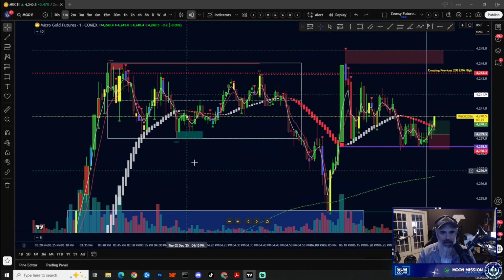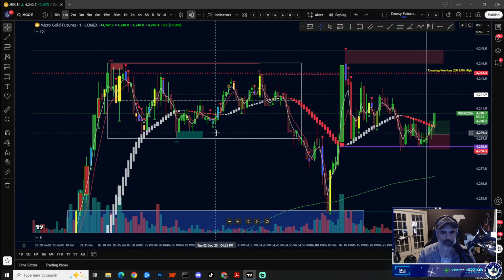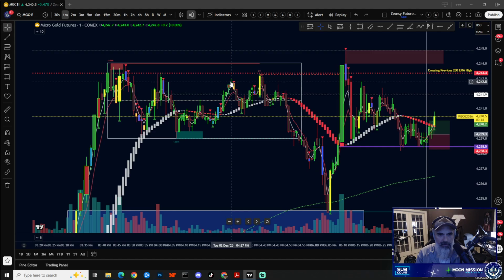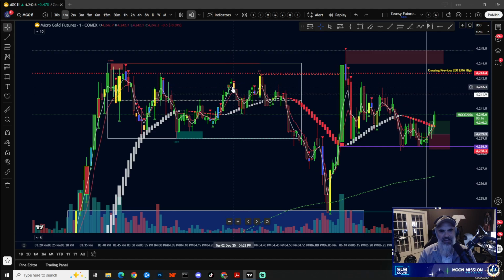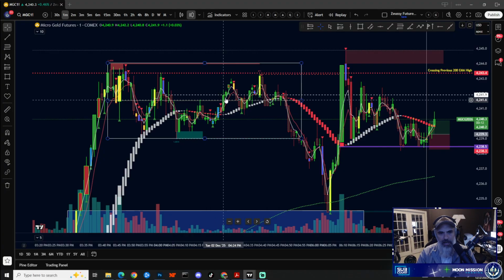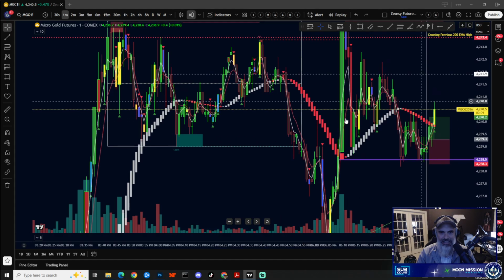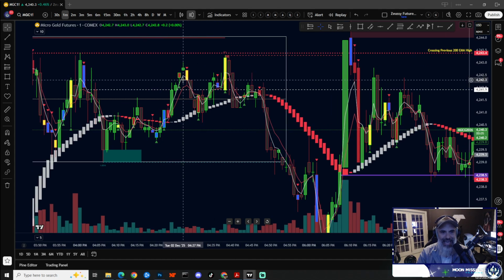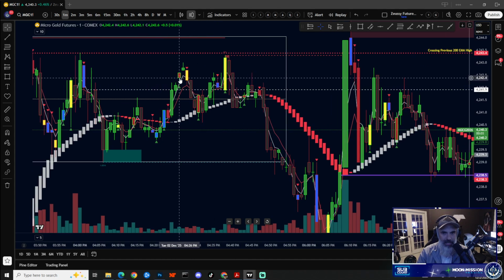Probably a better indication of a significant uptrend: let's see, we crossed here, 1, 2, 3, 4, 5, 6, 7, 8 candles. That's sort of okay. What you'd want to look for on an uptrend is your last green resonant candle, which is this one right here.